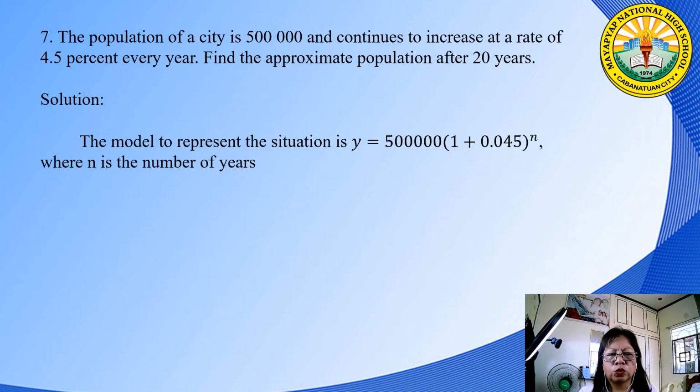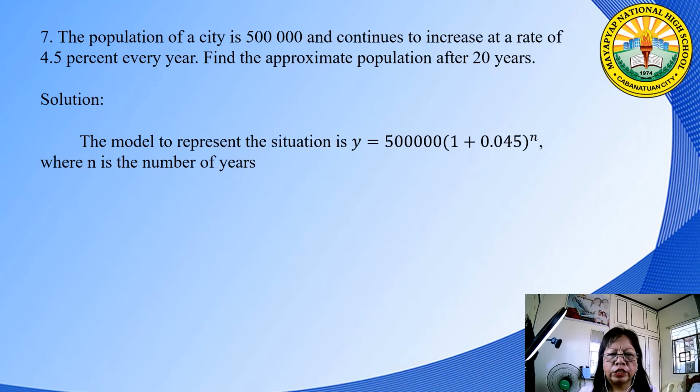So 0.045 is the equivalent of the given rate 4.5%. That is the conversion of percent to decimal, where n is the number of years.